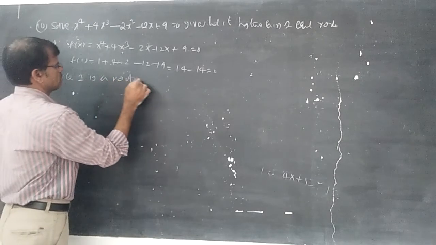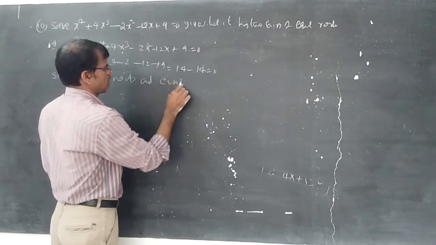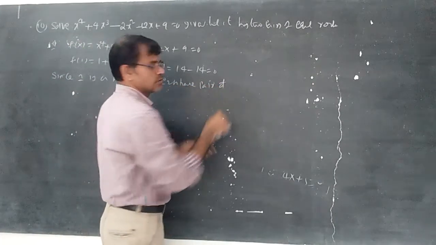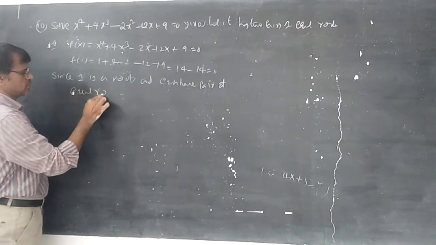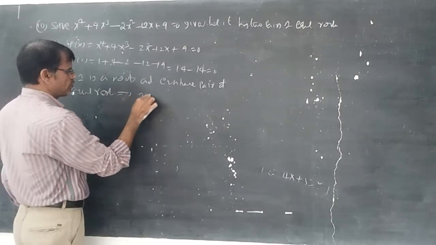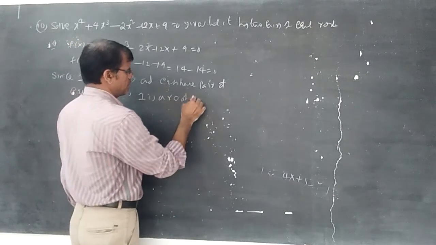Since 1 is a root and the equation has pairs of equal roots, that implies 1 is a root pairwise.